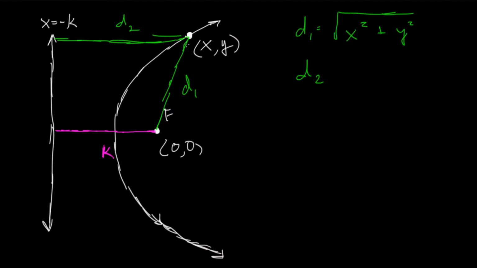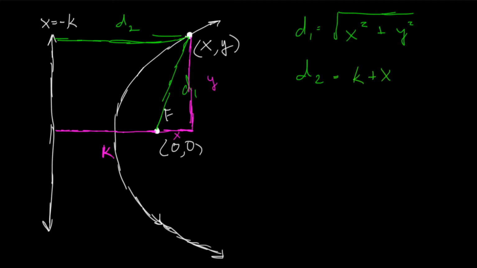But we want this green distance, d2, so we need this distance right here. Well, that distance is just x, right? Because this is y. That's what the definition of this coordinate is. It's horizontal movement and it's vertical movement. So this distance d2 ends up being k plus x.